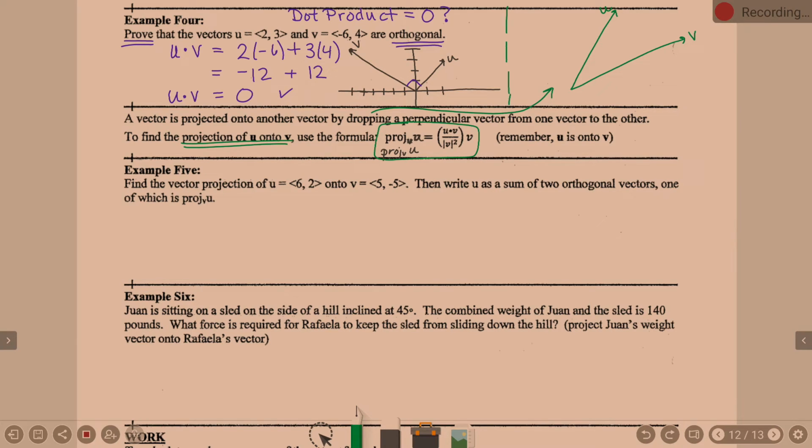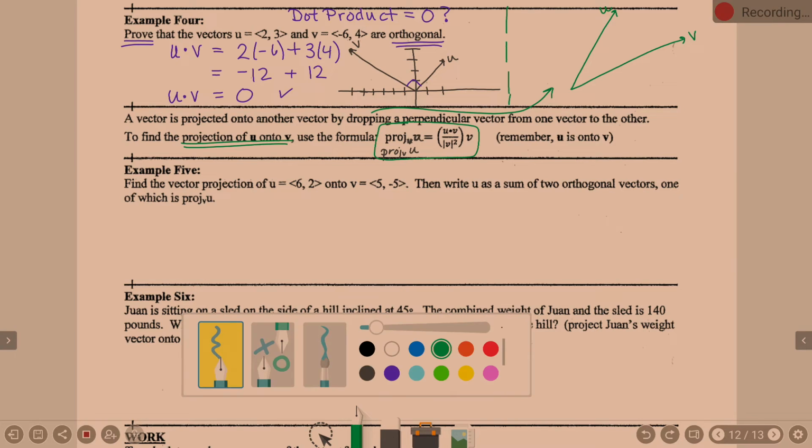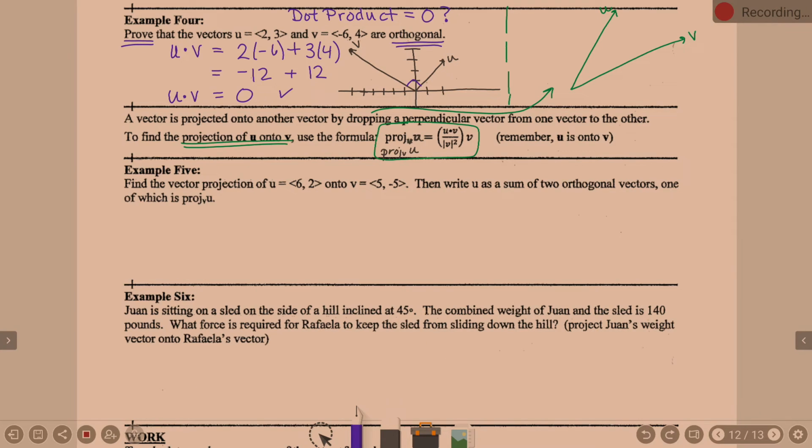The idea here, and I don't know that I have the best picture because I always struggle to draw this, is if we're dropping u onto v for a projection, perpendicularly, trying to get a right angle there, then this right here is the projection, what we usually call u1.